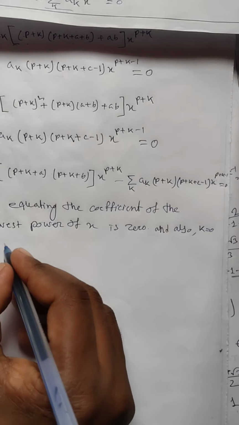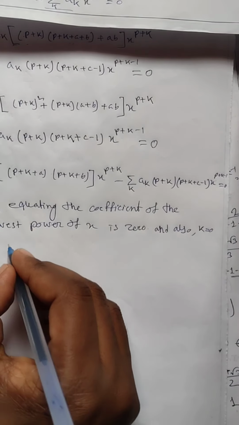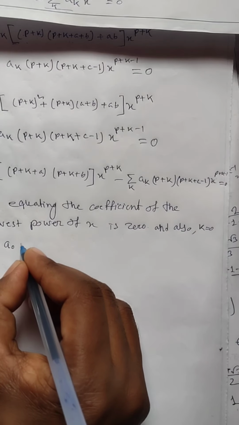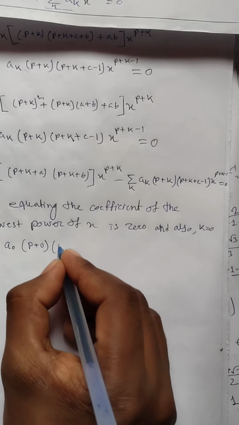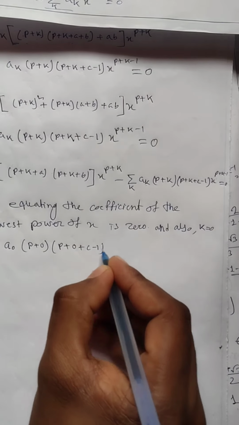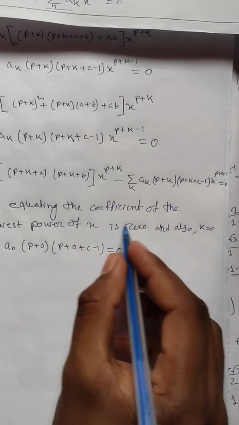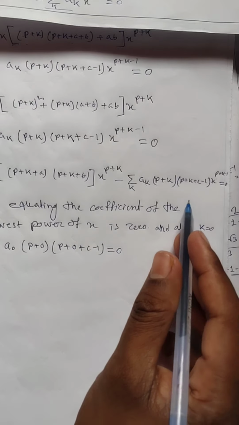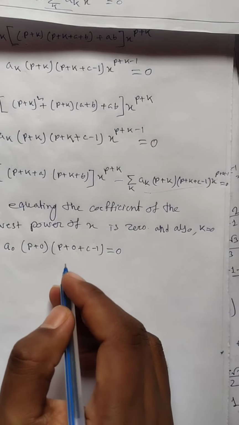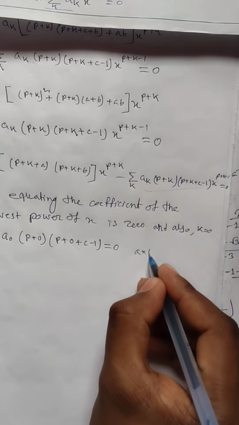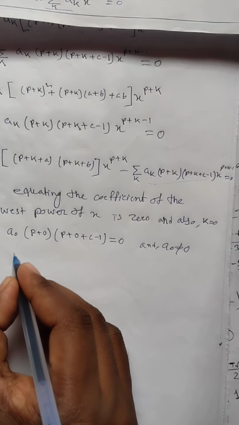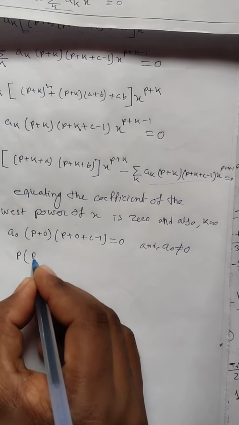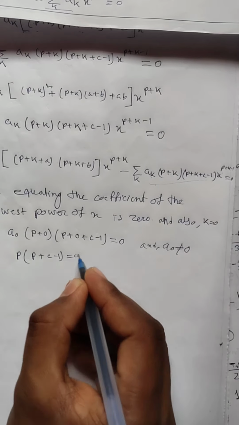Then we can write a0 (p plus 0 plus c minus 1) is equal to 0. Because the coefficient of the lowest power of x is 0, means this coefficient is 0, and here a0 is not equal to 0. Therefore we can write p plus c minus 1 is equal to 0.